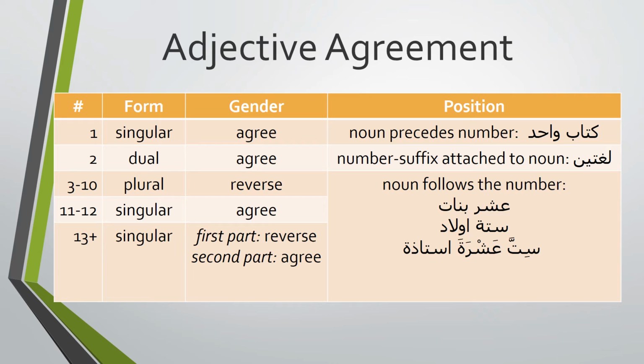Anything higher than 3, and the number comes before the noun, making an idafa, and the singular form of the noun is used for numbers 11 and higher. Numbers 11 and 12 have gendered forms that agree with the noun, and other two-part numbers have the first part, the smaller number, reverse gender, and the second part, the big number, agree. Sahih? Practice quantifying things to ensure you get the hang of it.